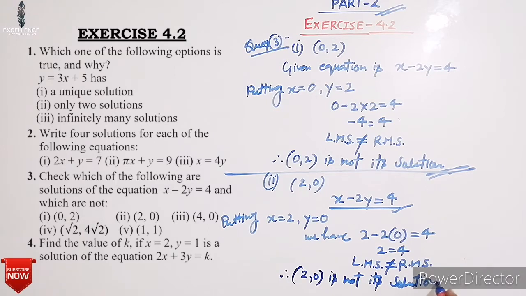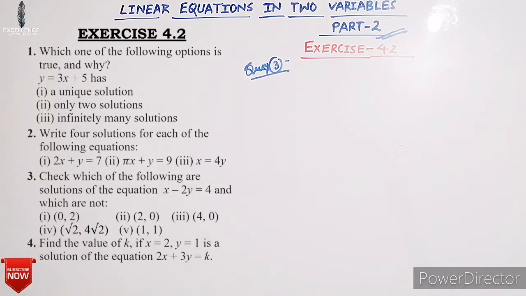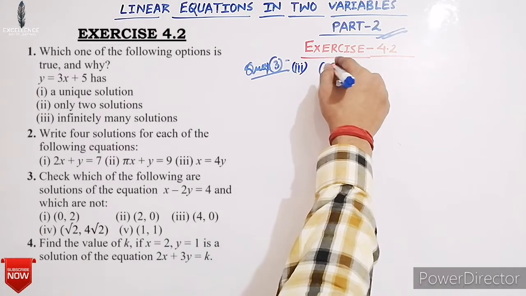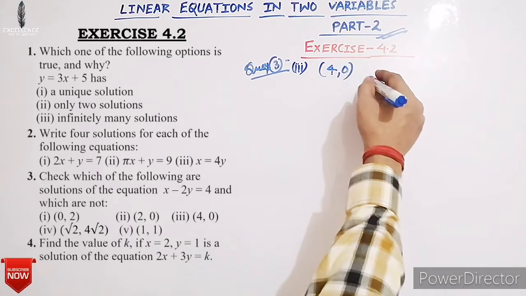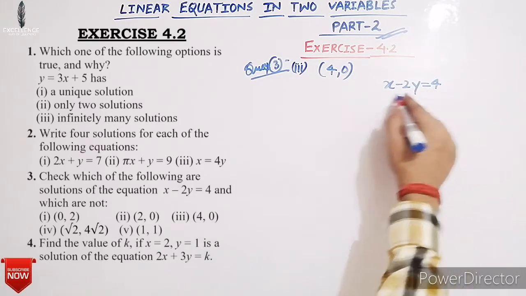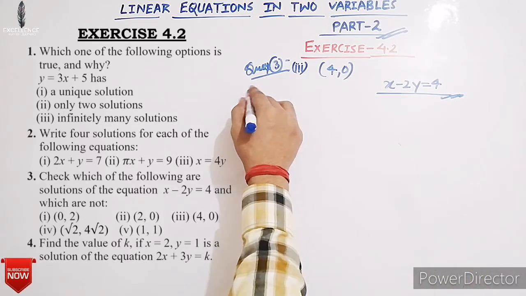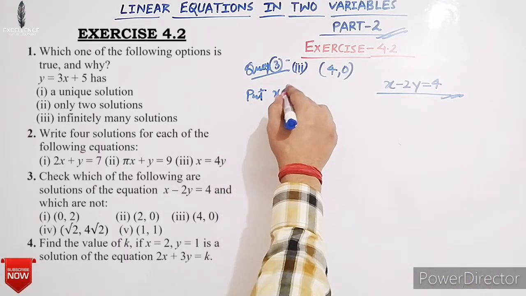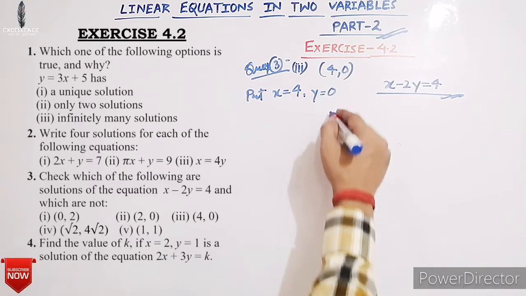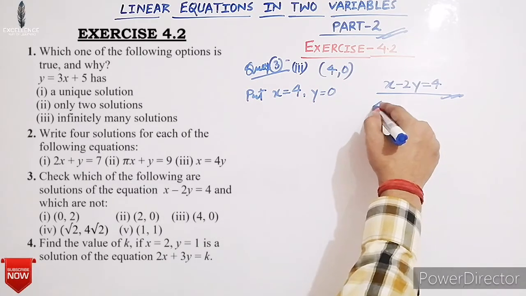Okay students, now next, here (4, 0). Our equation is x minus 2y equals 4. Now put x equals 4 and y equals 0 in x minus 2y equals 4.